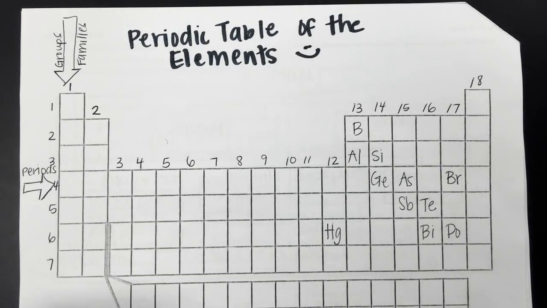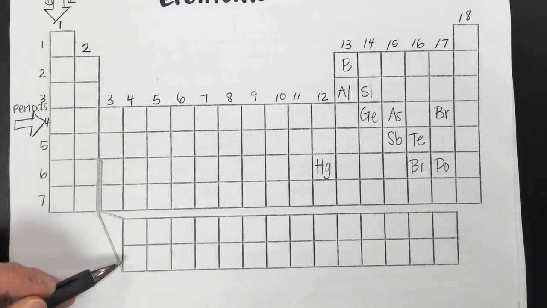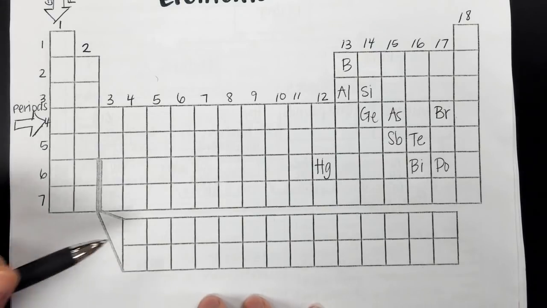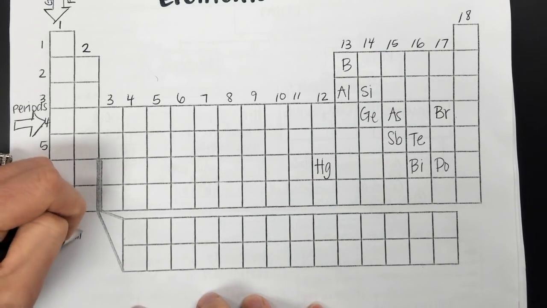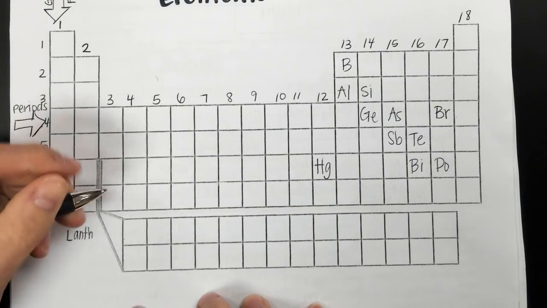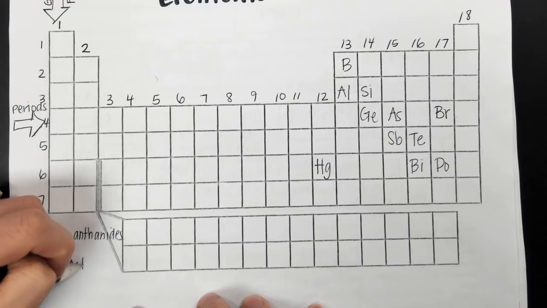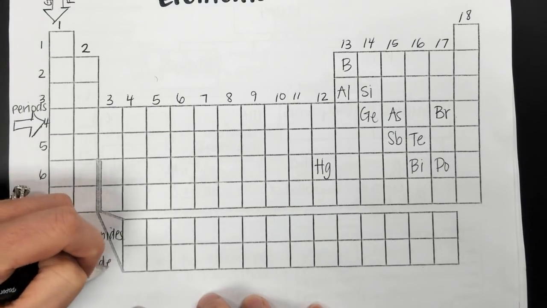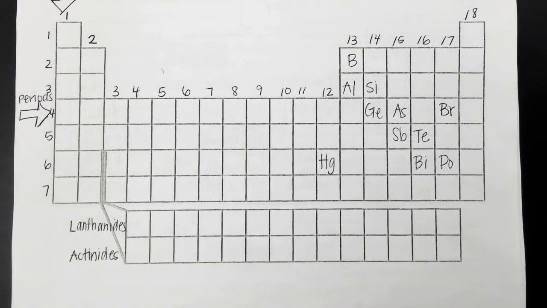So these two sad rows down here are called your lanthanide and your actinide series. This row are your lanthanides. This row is your actinides. We really don't talk a lot about them this year. The reason I am mentioning them right now, well, you do need to know them.